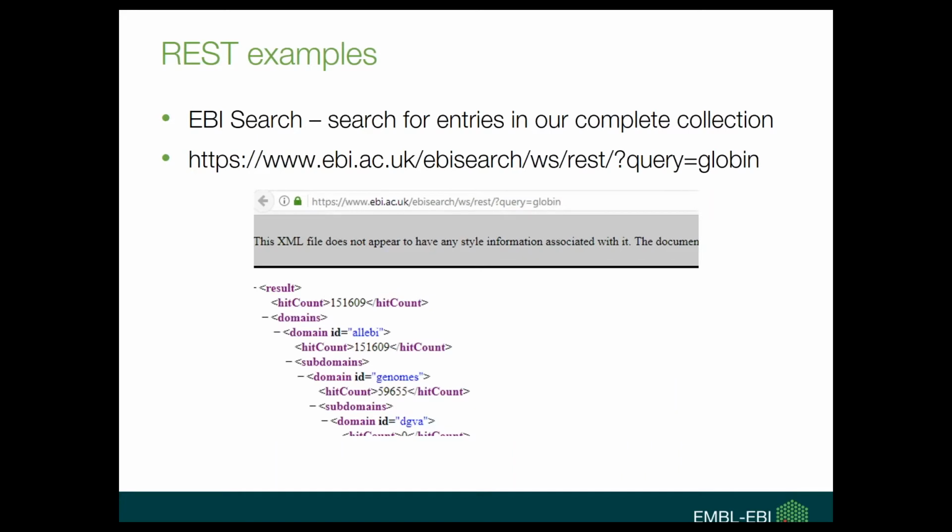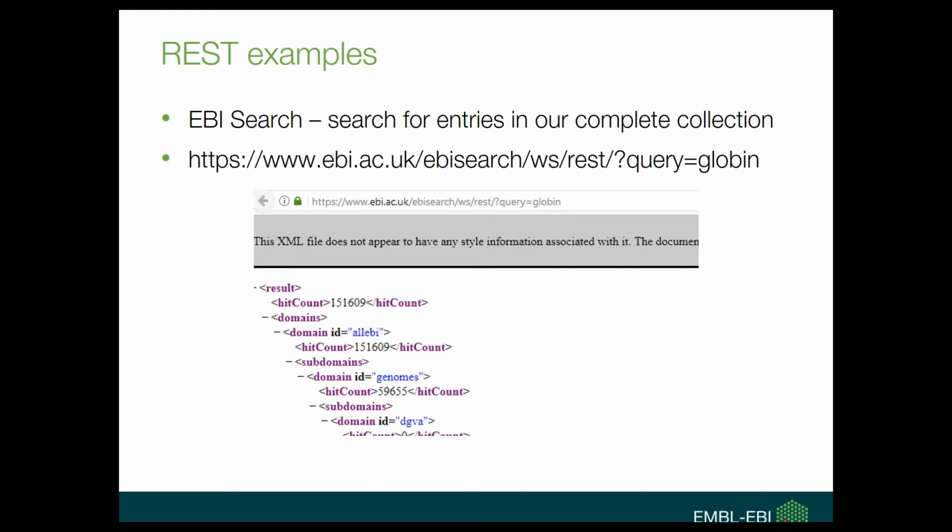So there are some examples of services using REST at the EBI. One of them is the EBI Search. So if you've gone to the EBI website at any point and typed in something in the search bar, that's using the EBI Search engine in the background. And you can access that programmatically too, by searching for entries across our whole collection of databases. On here, you can see the URL for just doing a simple search with a query called globin.